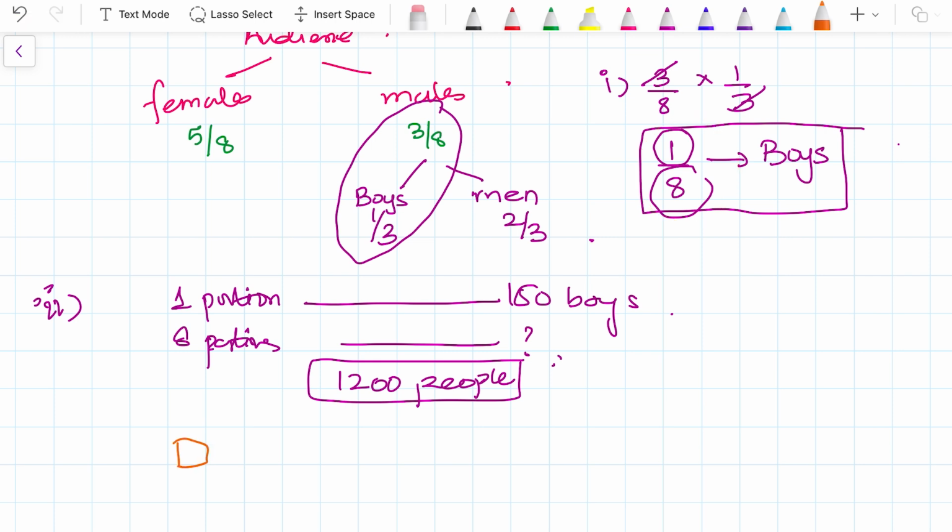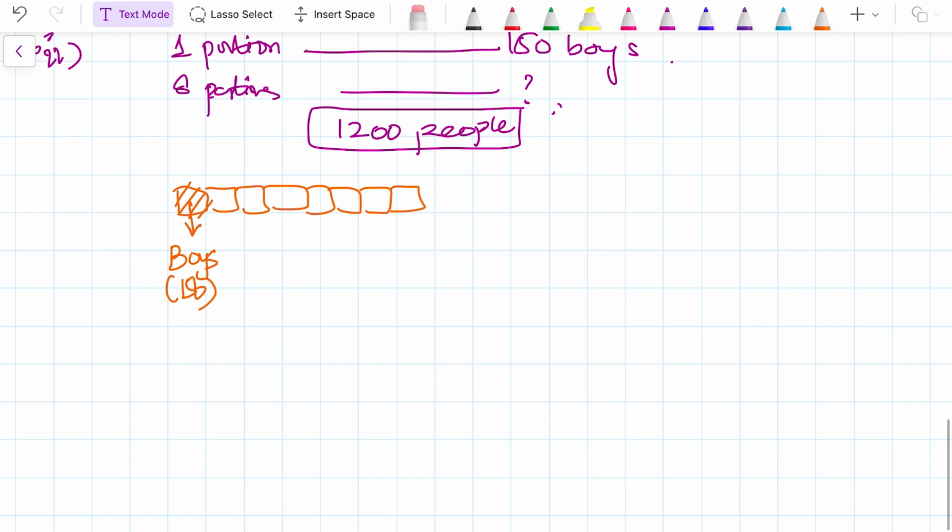That means if I have these are boys and these are 150 people. That means one box is 150. So you multiply it by 8 to get the total number of people, because total number of people are represented by 8 boxes. Let's do one more.